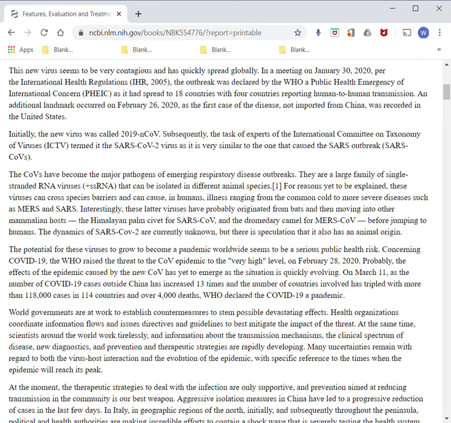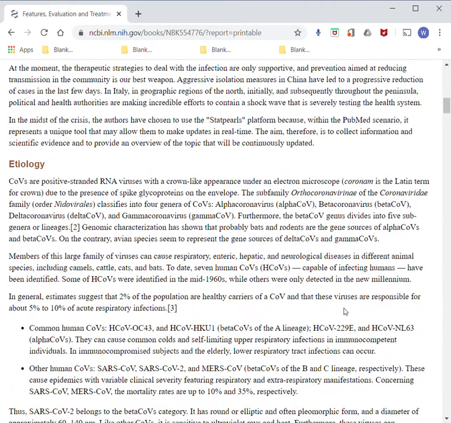It's single-stranded. Next, what does the prefix corona mean and why is this term used? If we start at etiology, and etiology is just going to be the cause of a disease or the cause of the condition. So we're looking at coronaviruses are positive stranded RNA viruses with a crown-like appearance under the electron microscope.